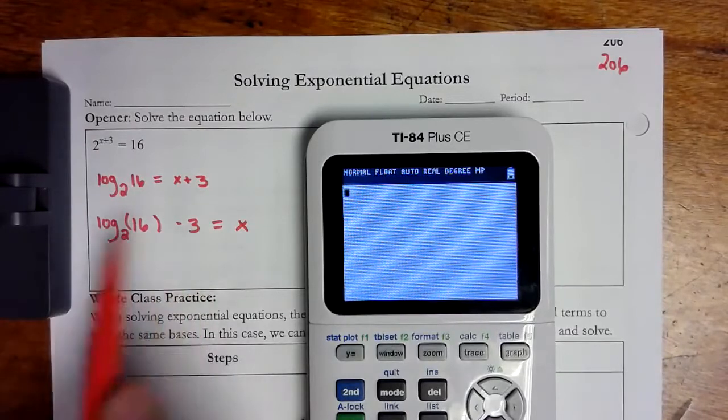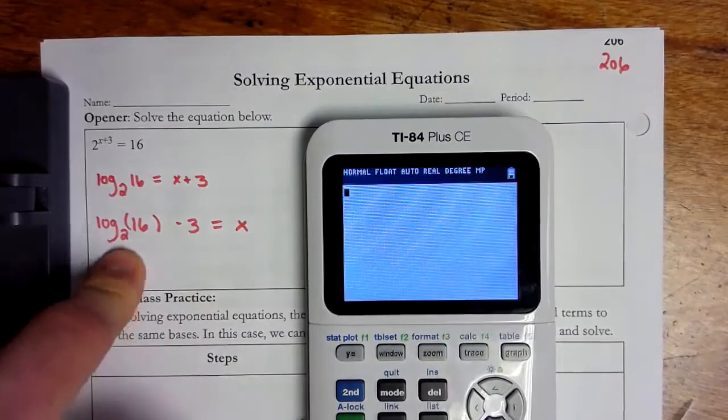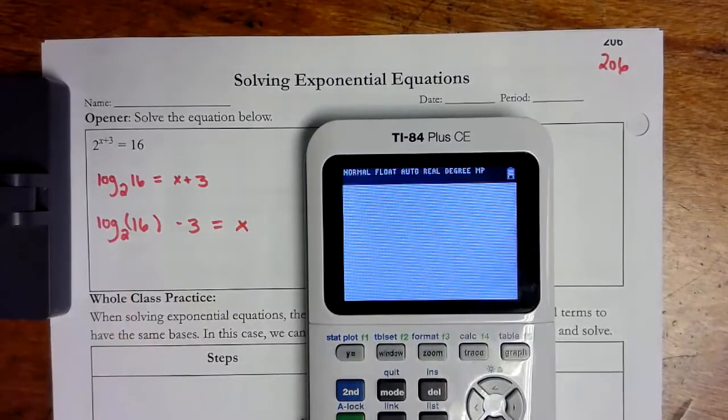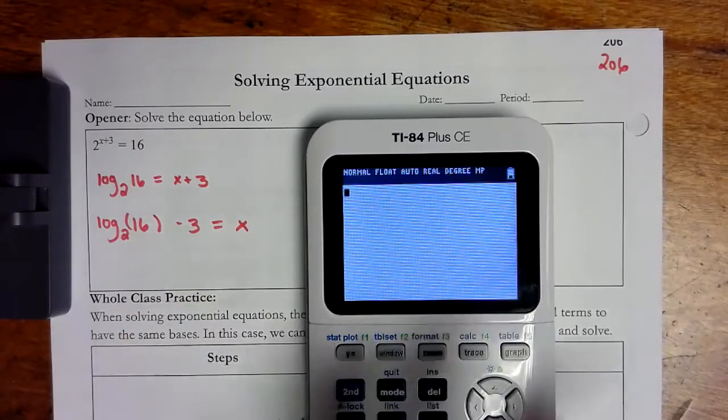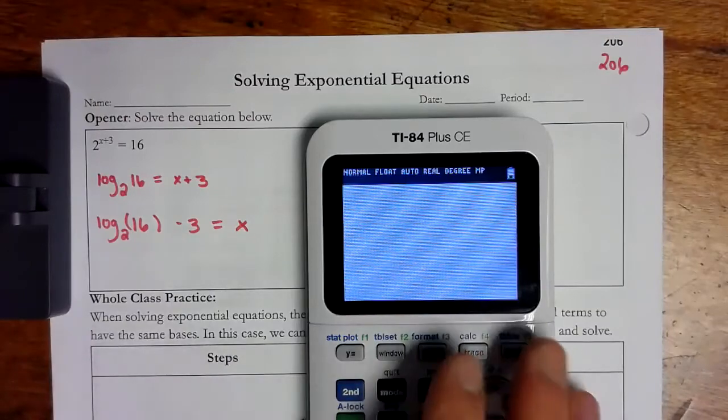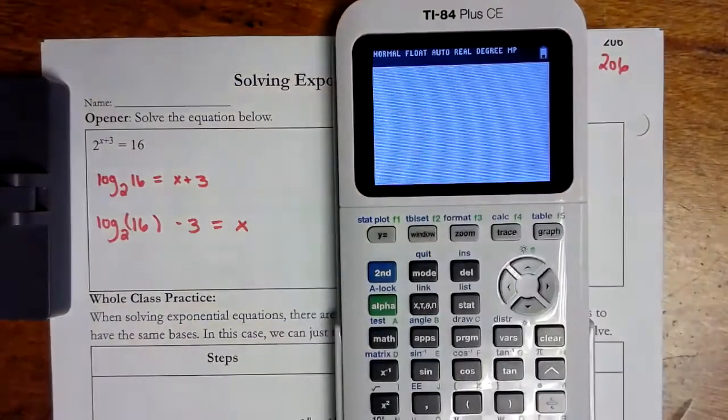Now, based on which calculator you have, you might be able to plug this in and come up with an exact value. If you have an older version, you're going to need another skill or rule in order to type it in your calculator, which we're going to cover in this lesson. For those of you that have a Texas Instruments calculator where you're able to choose your own base, we can come up with this value pretty quickly.